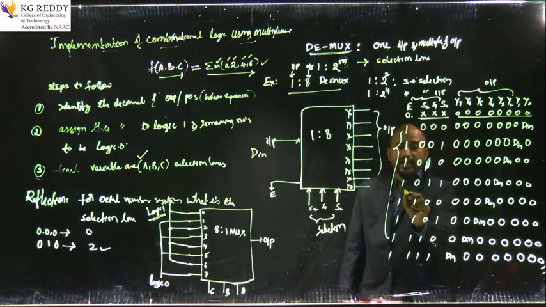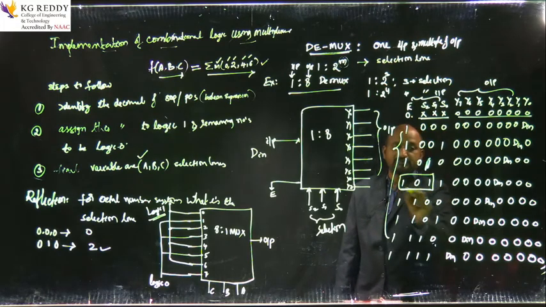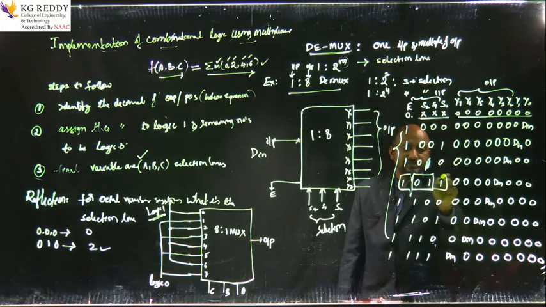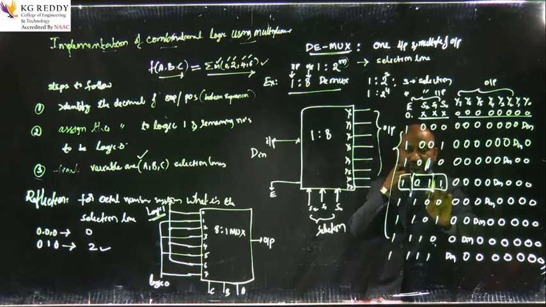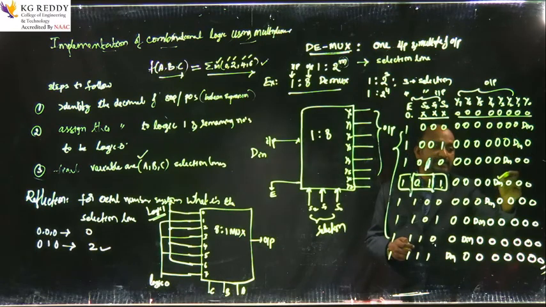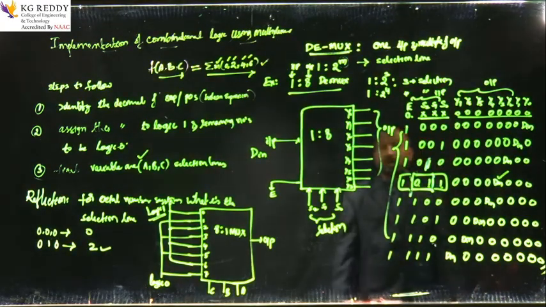If I select enable bit 1 and the selection line 0, 1, 1, that means 3, so output Y3 will be selected and the remaining are all 0.